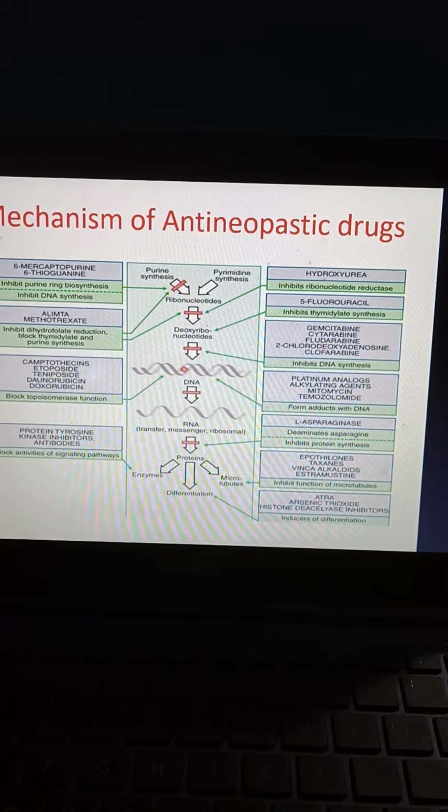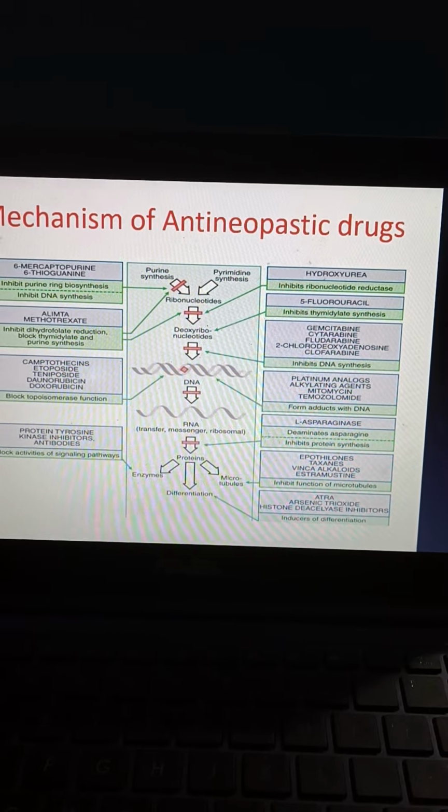Then coming to cytotoxic drugs. Cytotoxic drugs are either cell cycle non-specific or cell cycle specific. Cell cycle specific drugs, CCS, act in a specific phase of the cell cycle and act on dividing cells, but cell cycle non-specific, CCNS, drugs act on both resting and dividing cells. CCS drugs are used in short courses or pulses of treatment and allow non-cycling cells to enter the cycle.